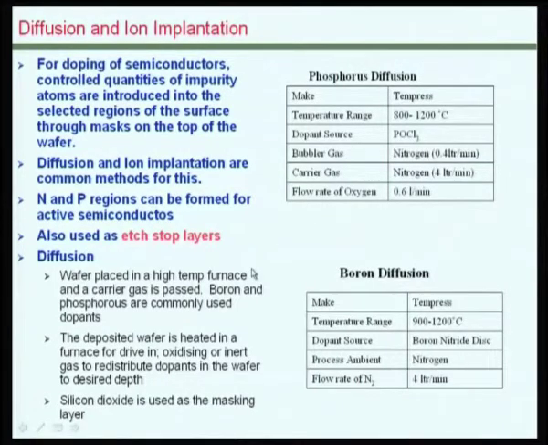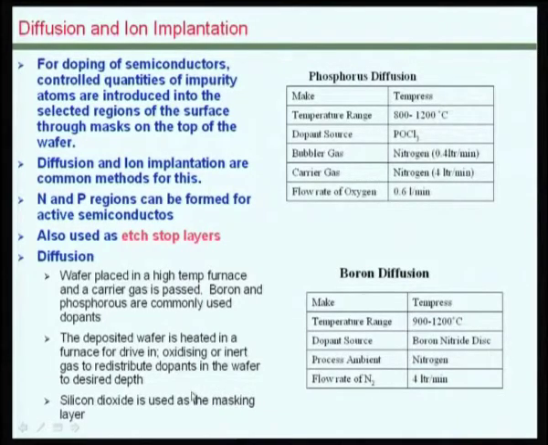In these cases, when we really want to diffuse only onto certain regions of the surface, we obviously do not want to diffuse everywhere. We need to have a defined masking layer, and usually silicon dioxide is used as the masking layer.